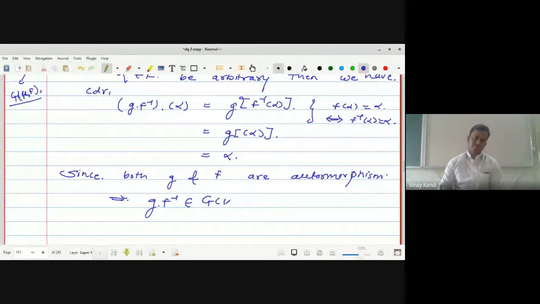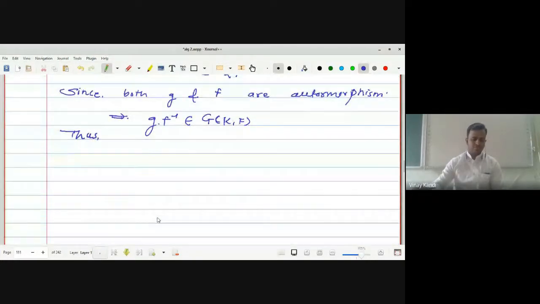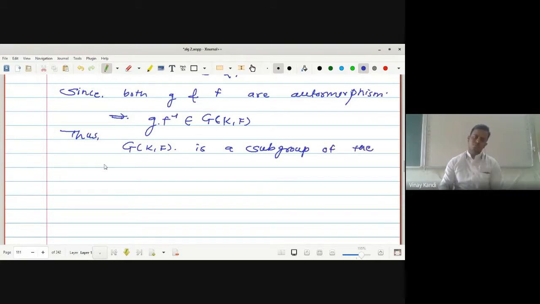Okay, so thus G_K(F) is a subgroup of the group of all automorphisms. Any doubt?